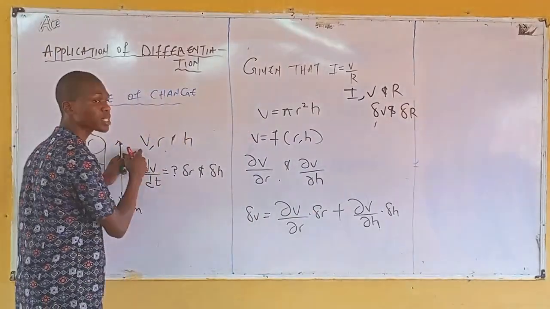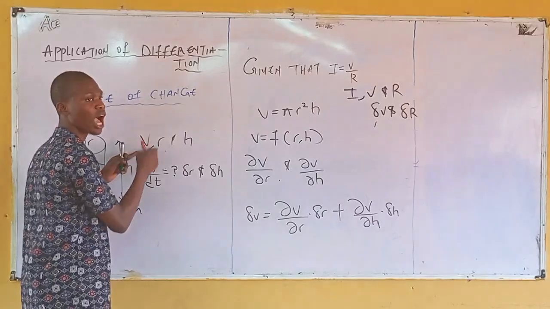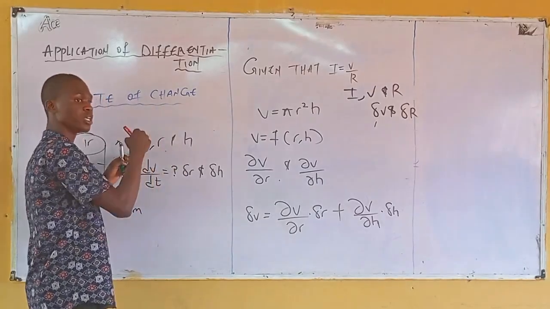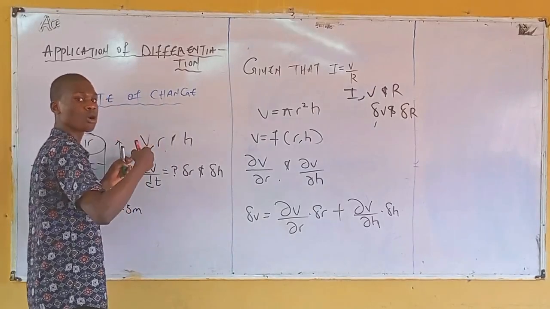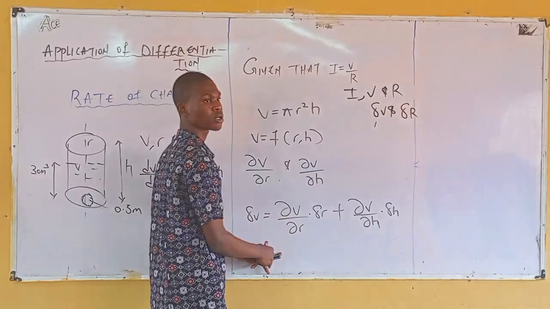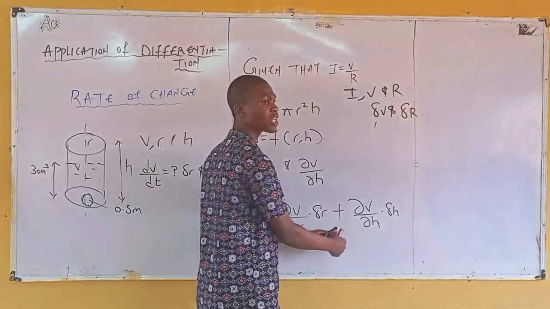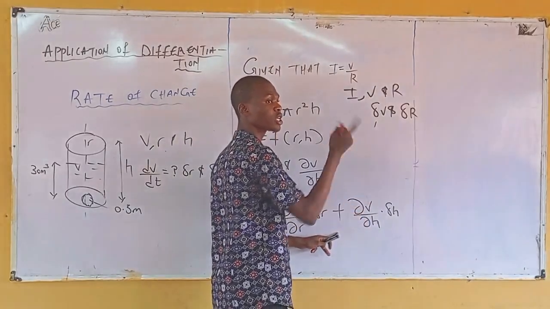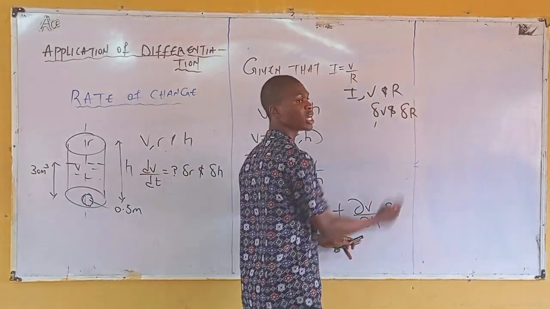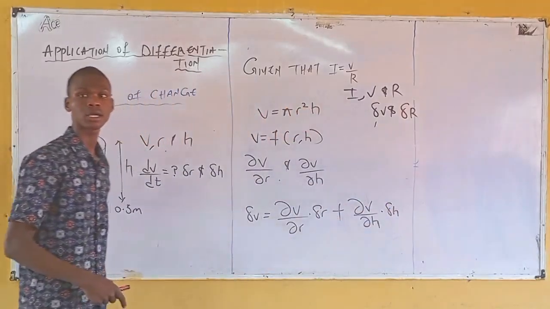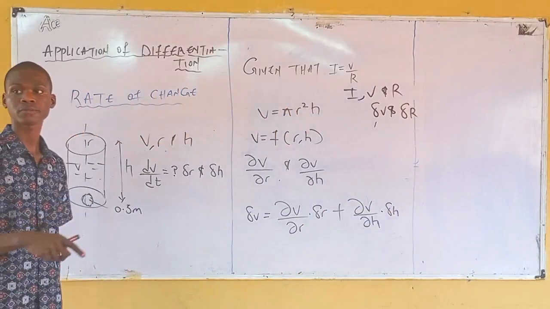The parameters attached with this volume are R and H. That is the partial derivative of V, which is what you are looking for, with respect to R times the change in that R, plus the partial derivative of V with respect to the other parameter, which is H, times the change in H. Are you getting me? Any question?